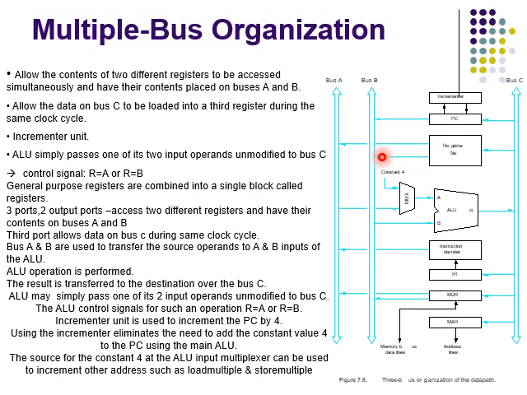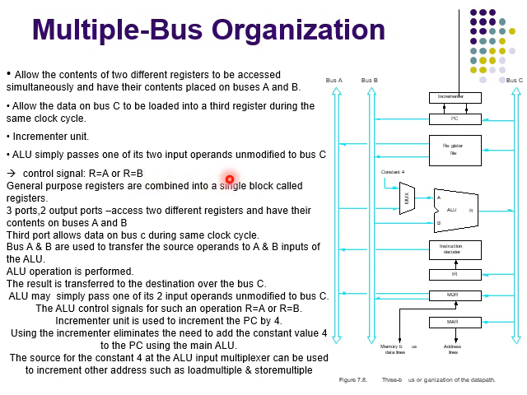The result is transferred to the destination over bus C. If needed, the ALU may simply pass one of its two input operands unmodified to bus C. We will call the ALU control signal for such an operation R equal to A or R equal to B. The three bus arrangement obviates the need for registers Y and Z in the previous figure that we have discussed.